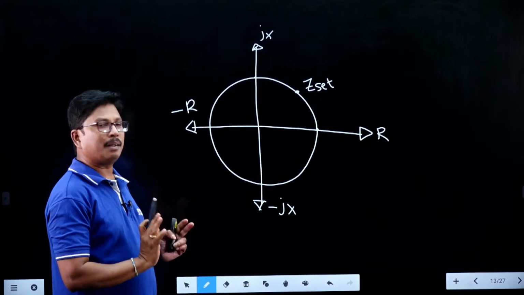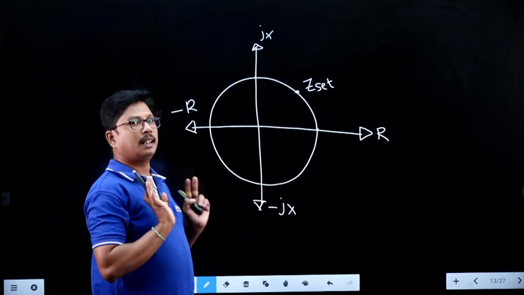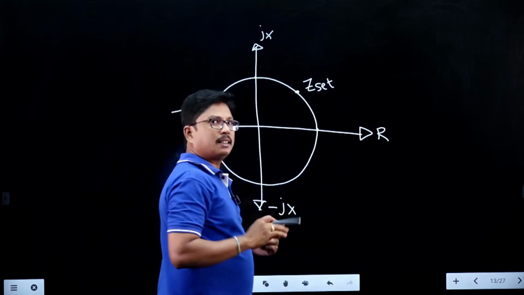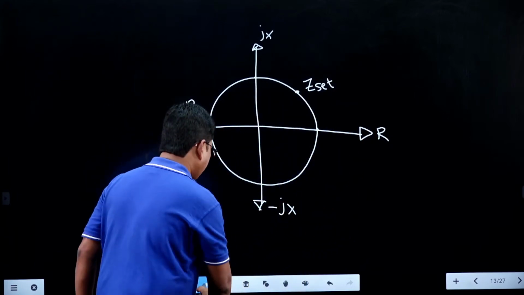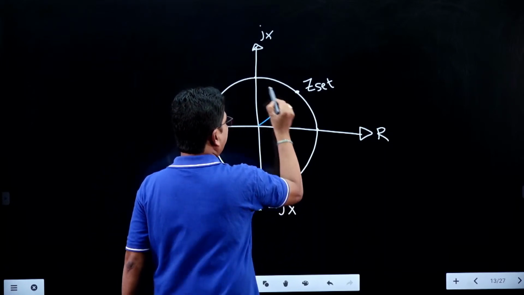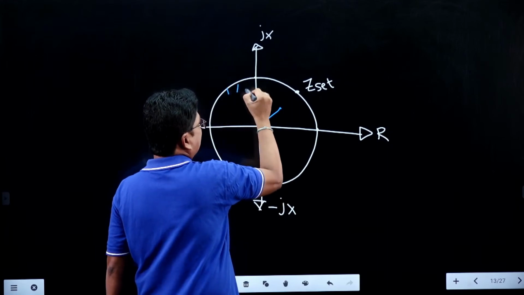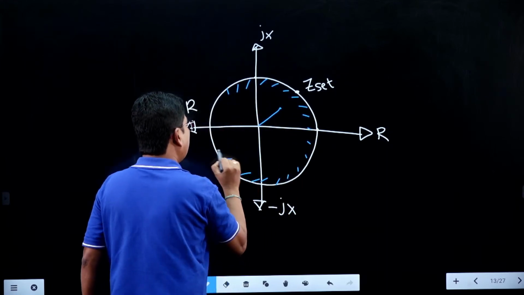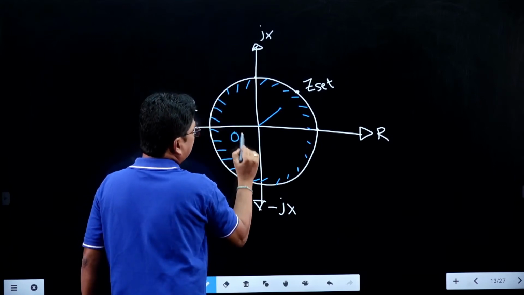Whenever the relay looking impedance is less than this set impedance, the relay will be operating. Whenever the relay looking impedance is more than this set impedance, the relay will not operate. So whenever the relay looking impedance is within this zone, only then the relay is going to operate. In this zone, the relay operates.